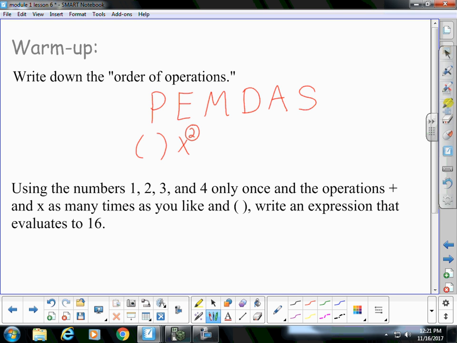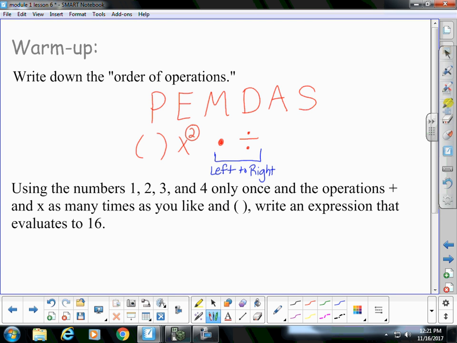The M and the D stand for multiplication and division. And those two, you can actually switch the order around, because you do them in order from left to right, whichever one comes first in the problem.